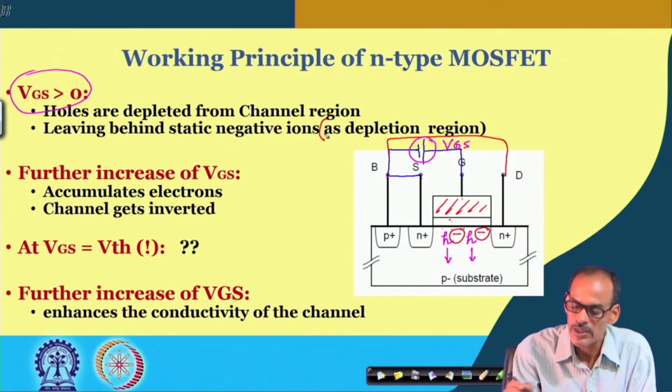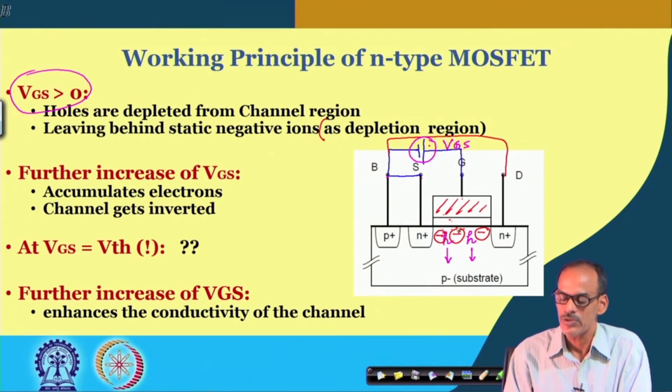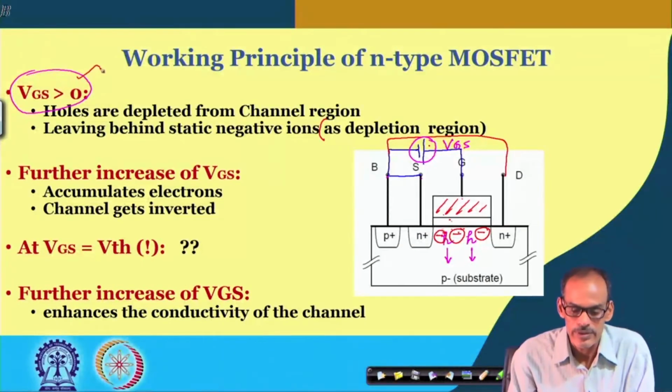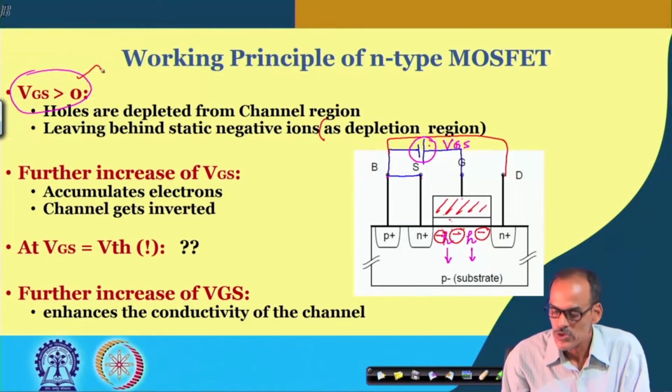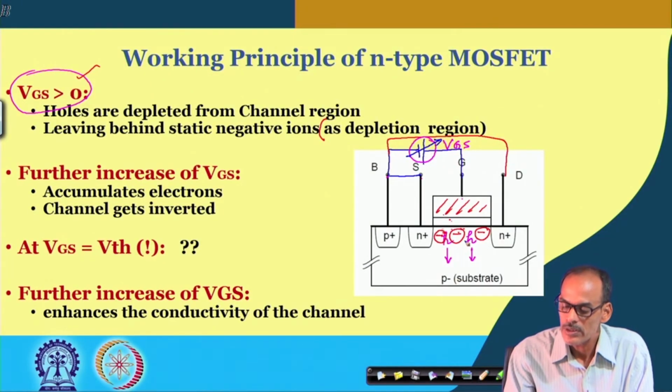These static ions are stuck there, and of course they cannot participate in current flow, but whenever we apply positive voltage, they help the fields to get properly terminated. So, if I increase this VGS further, then what happens? Whatever holes were near the surface get pushed away.